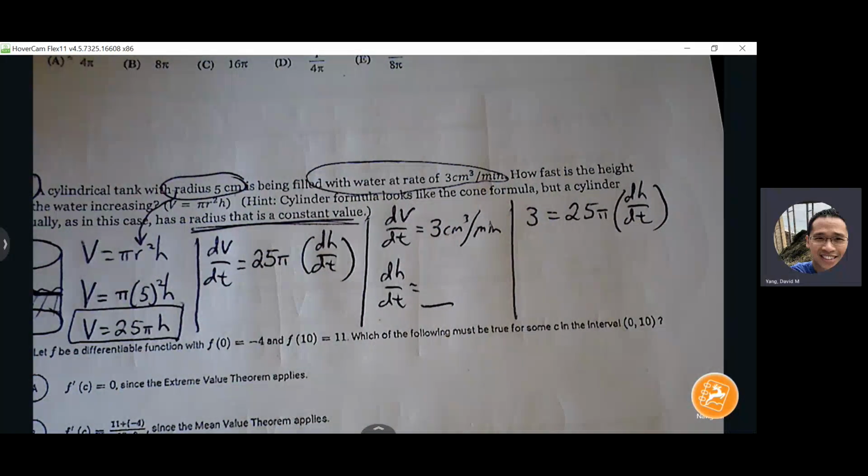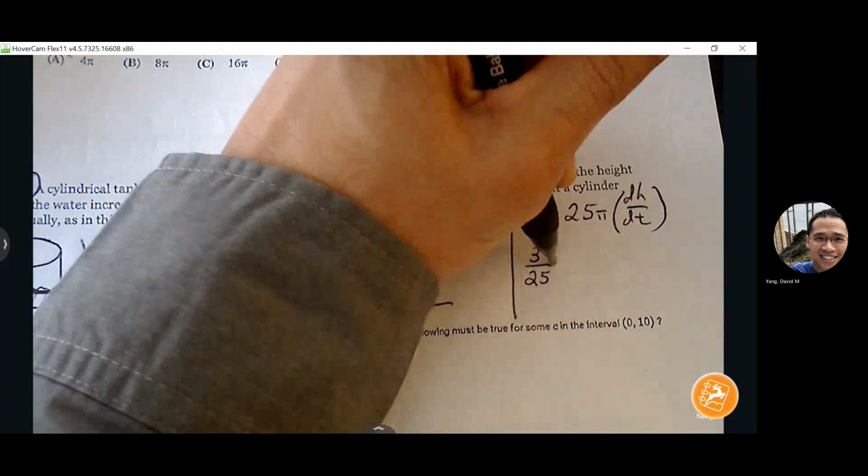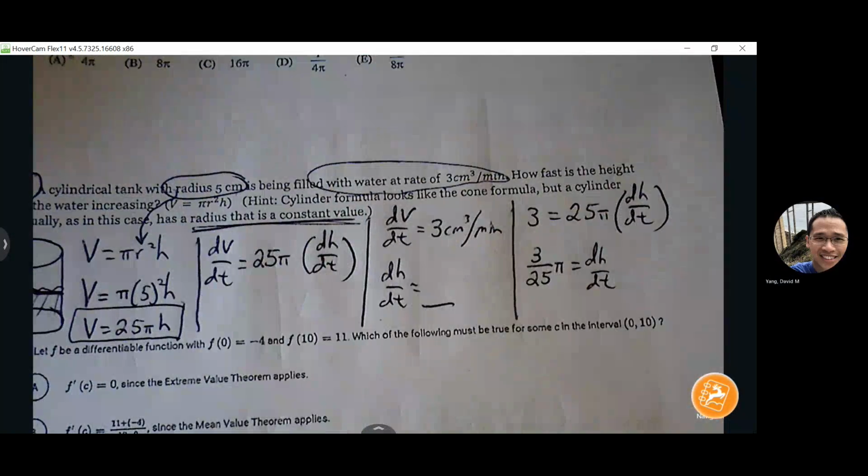Now solving for dh/dt is just one procedure away, but we have to be careful with a common mistake that's easy to make. Is this correct?